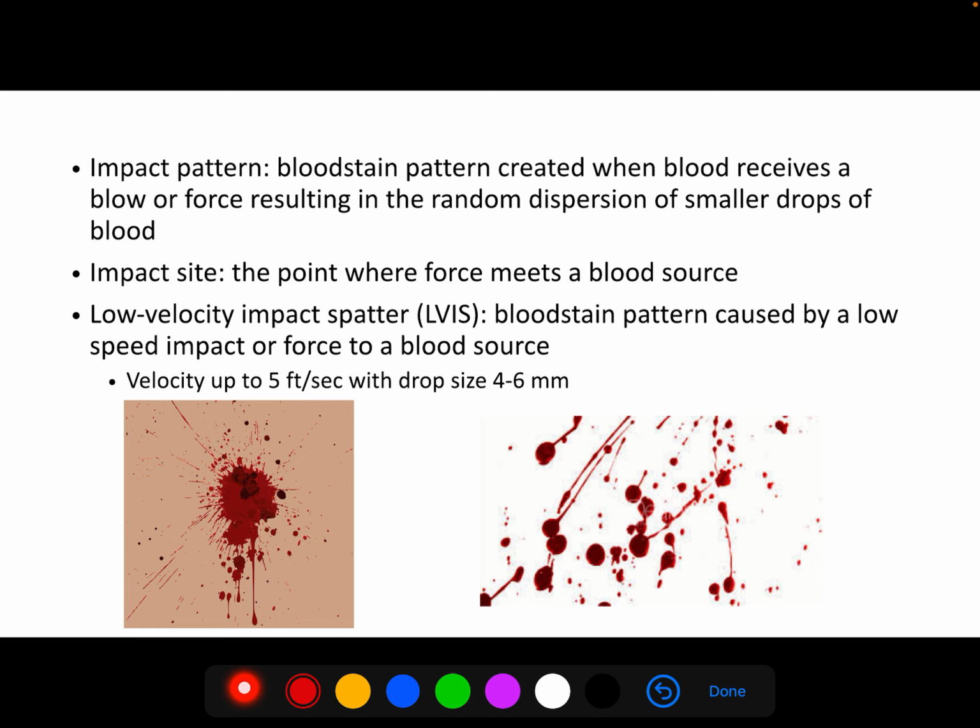With these, velocity can be up to 5 feet per second, and here we get blood droplets between 4 and 6 millimeters. So it's a lower impact. The blood droplets tend to be larger and not as spread out as with the high velocity impact spatter. So that's what we're seeing in the picture on the right.